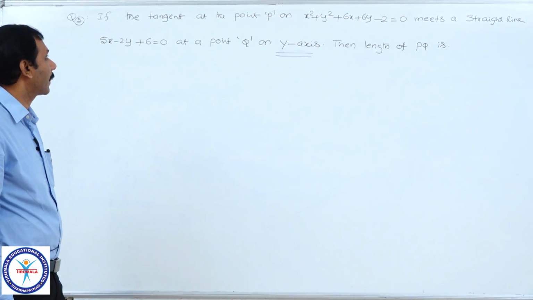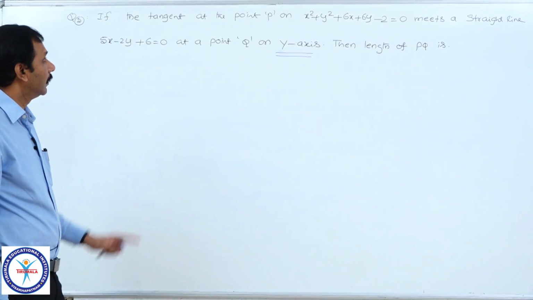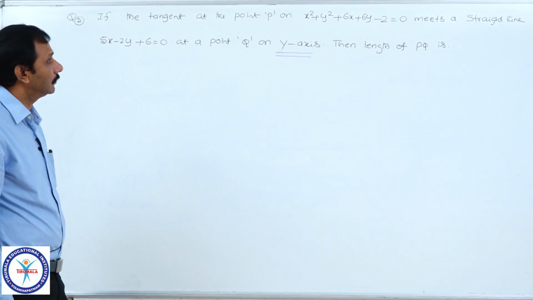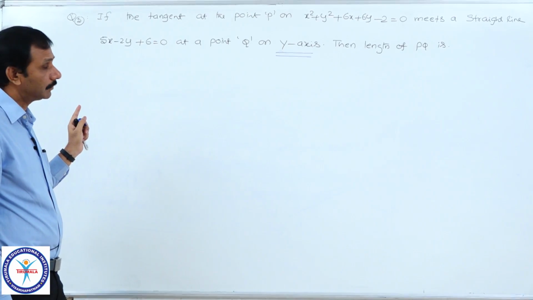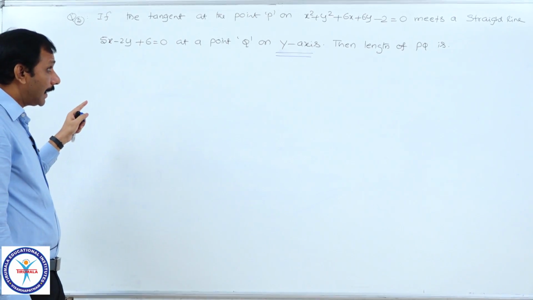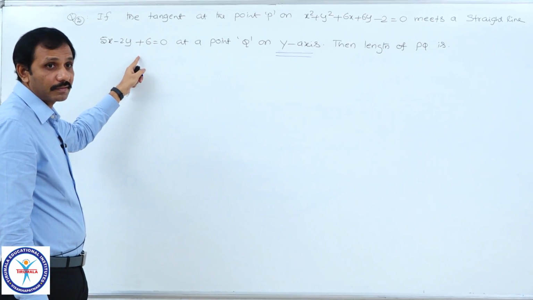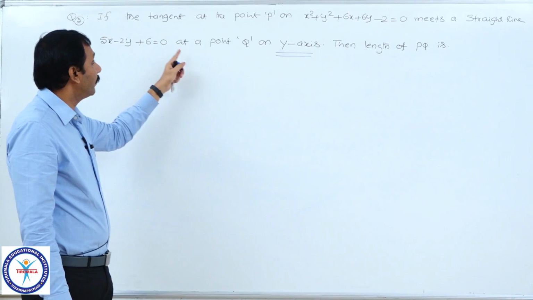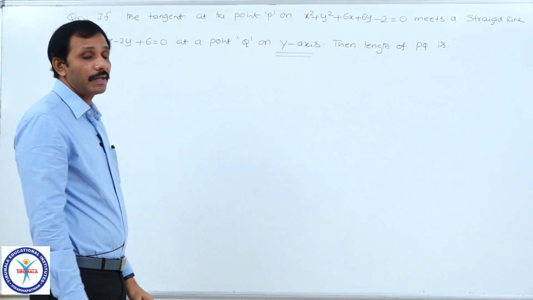Understand the meaning. P is a point on that circle. From that point one tangent is drawn. That tangent line intersects this line at a point Q on y axis. Then the length of PQ they are asking.